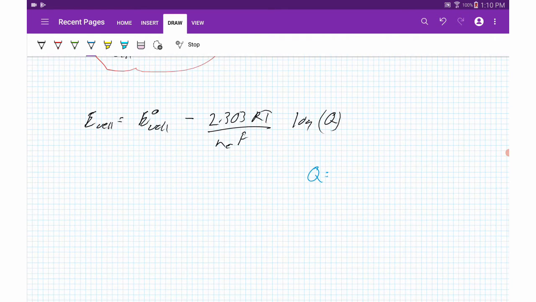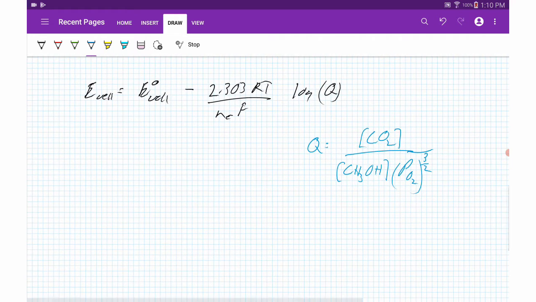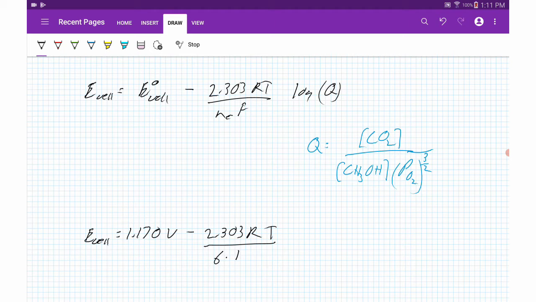And so using the standard reporting states of matter, this would be the concentration of CO2, because it's aqueous, over the concentration of methanol, times the partial pressure of oxygen raised to its stoichiometric coefficient. And so to look at all of the values that we have, of course, the number of electrons transferred is 6.